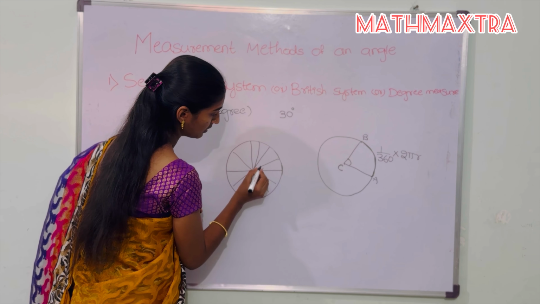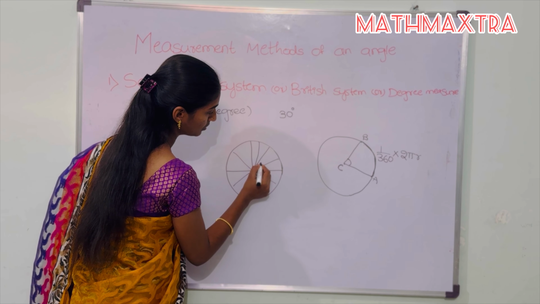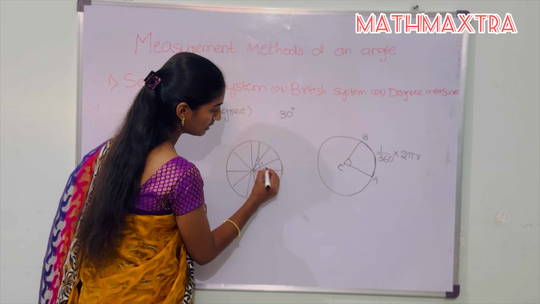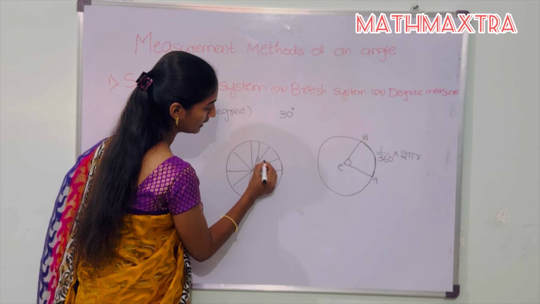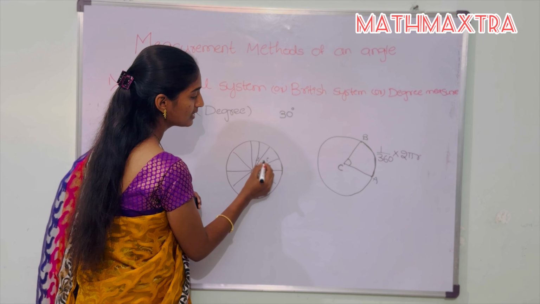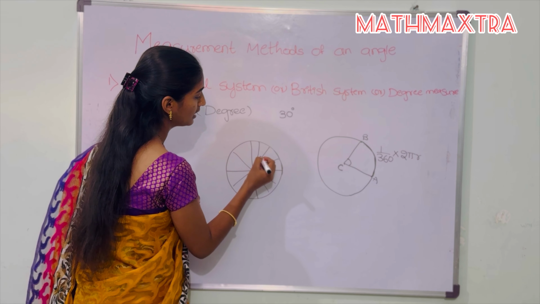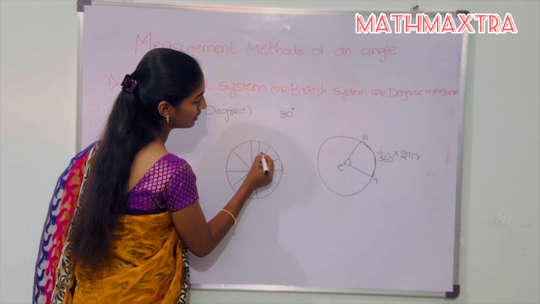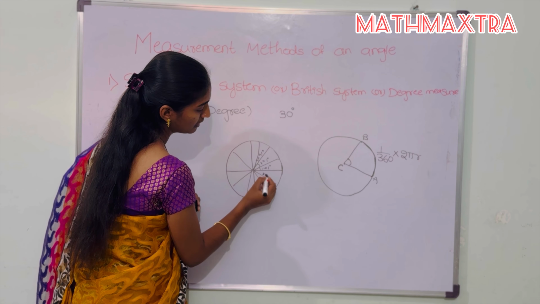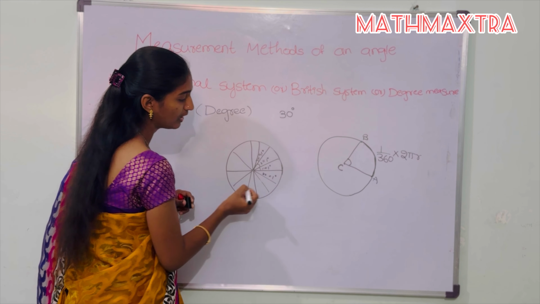This is part 1, this is part 2, this is part 3 and so on. Each measures 1 degree. The first part measures 1 degree, the second part also measures 1 degree, and the third part also. And so on. This is the 360th part, which also measures 1 degree.